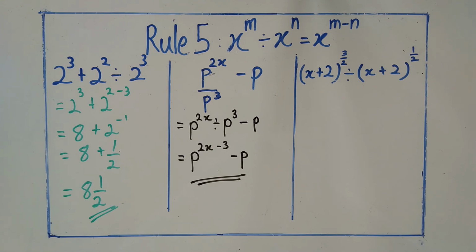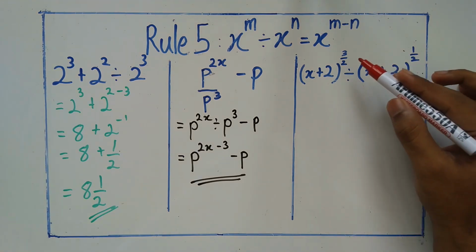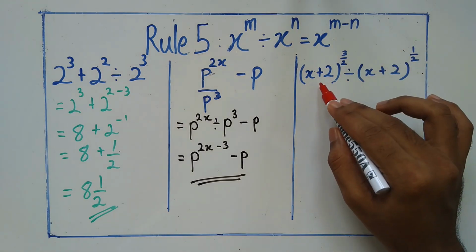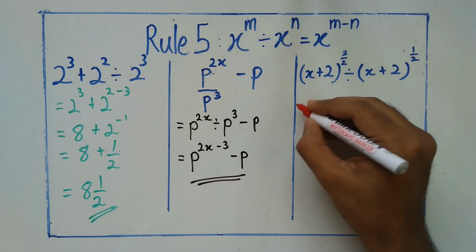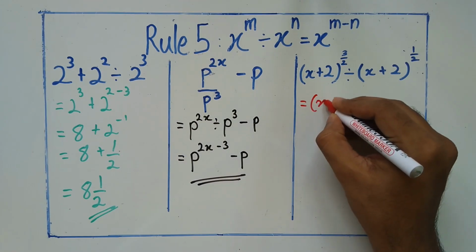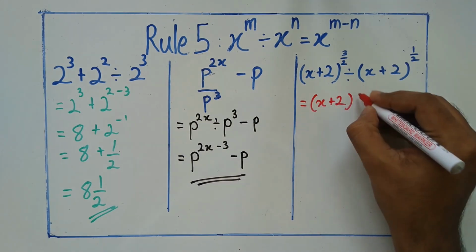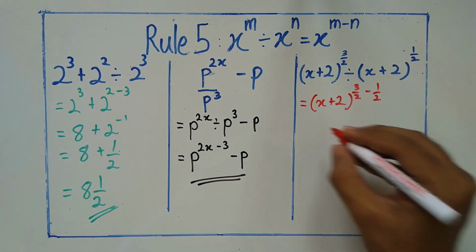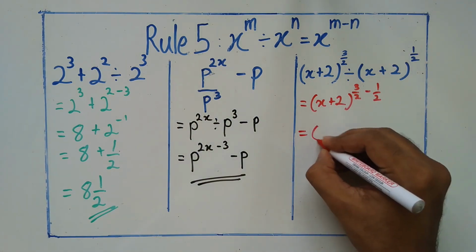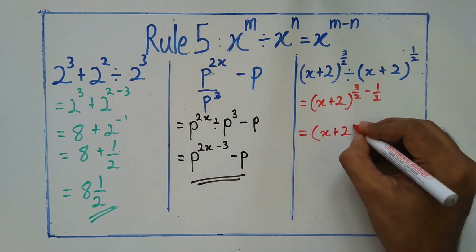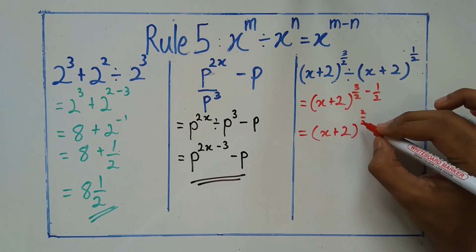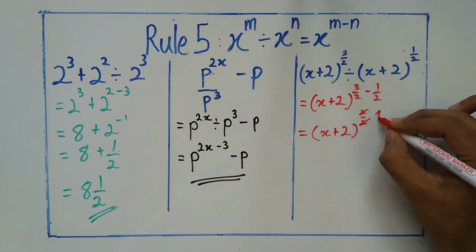In the third example, we can combine the fractional exponents as the base are the same. We get 2 over 2, we can simplify it to 1.